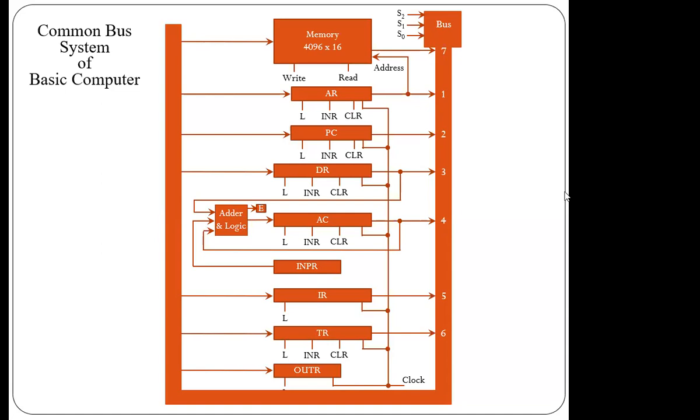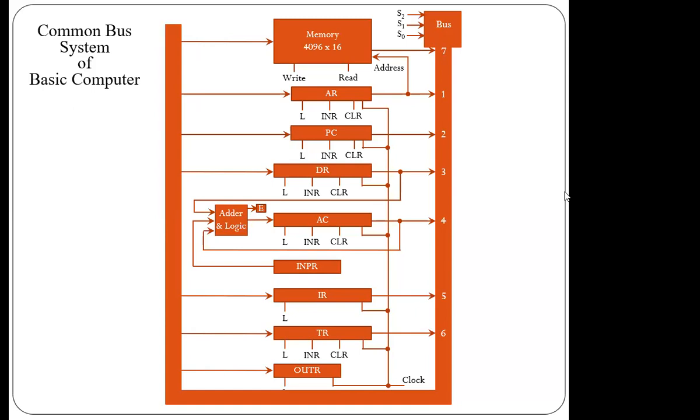So what is the binary value of 4? 1, 0, 0. So the binary value of 4 is 1, 0, 0. These values will be loaded into S2, S1 and S0, which will become 1, 0, 0. Then the contents of that particular register will be written over to the bus.